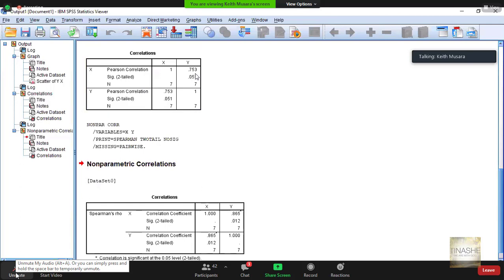We are going to say there is a strong positive linear relationship between X and Y. That's how you interpret the Pearson correlation coefficient. And the p-value is greater than 0.05, so we fail to reject H naught, and we conclude that the correlation coefficient is statistically insignificant.